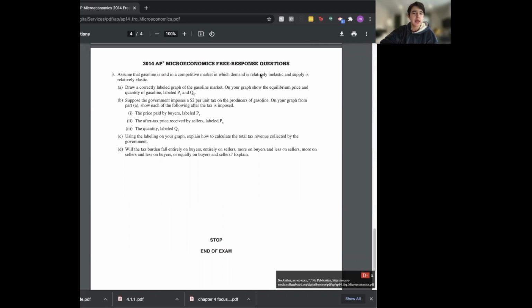On question A, it asks, draw a correctly labeled graph of the gasoline market. On your graph, show the equilibrium price and the quantity of gasoline labeled PE and QE. So let's make our graph as we would.